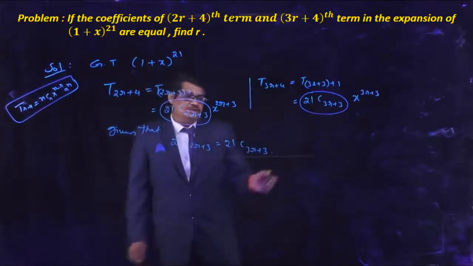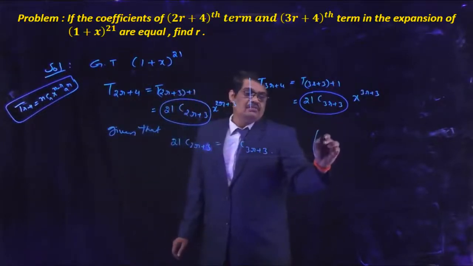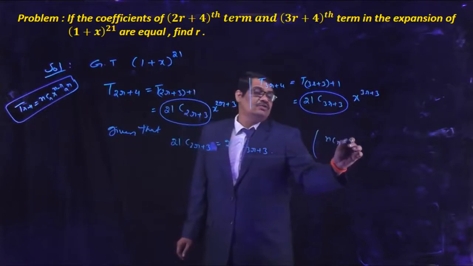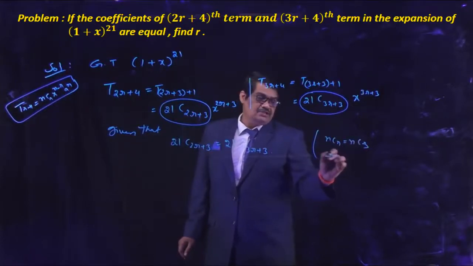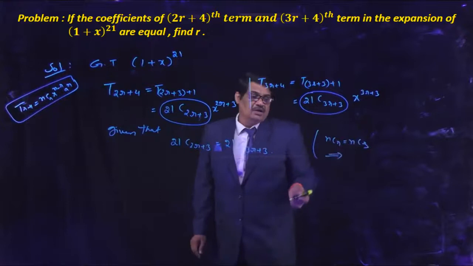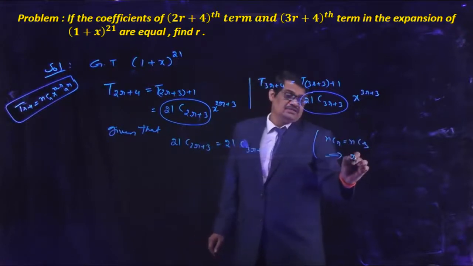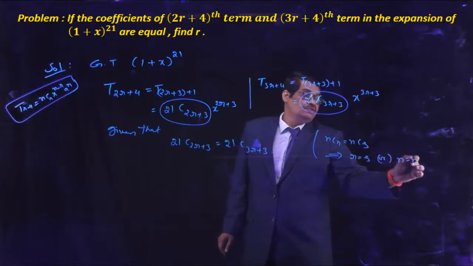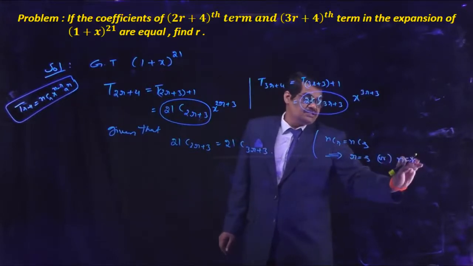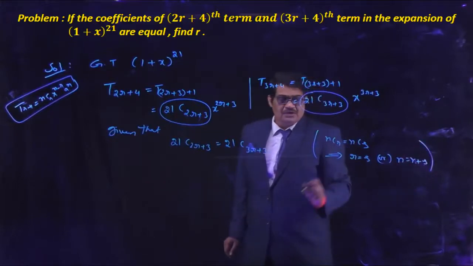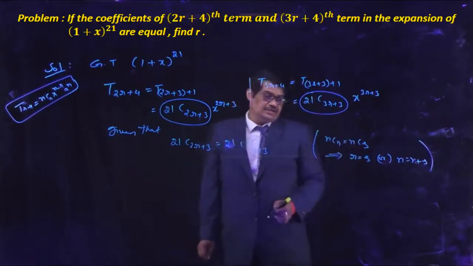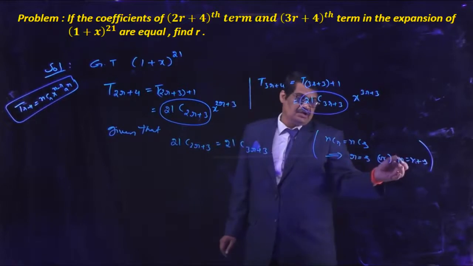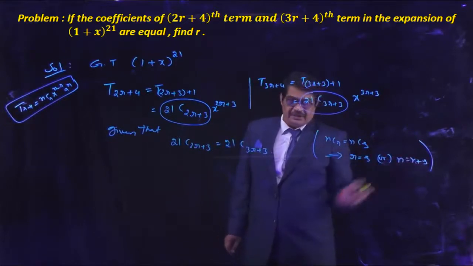So this is in the form nCr equal to nCs. Then what is the formula? r is equal to s, or n is equal to r plus s. So if nCr is equal to nCs, then r is equal to s or n is equal to r plus s. Okay.